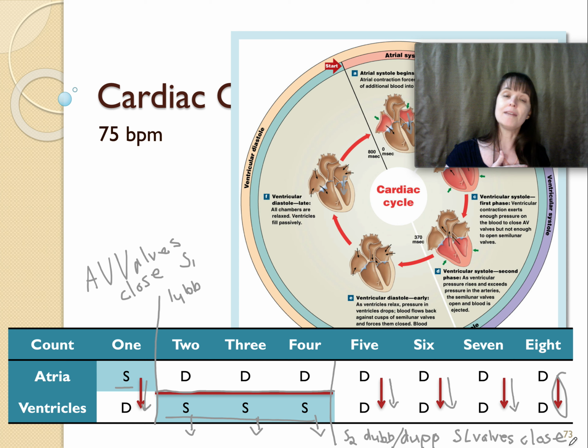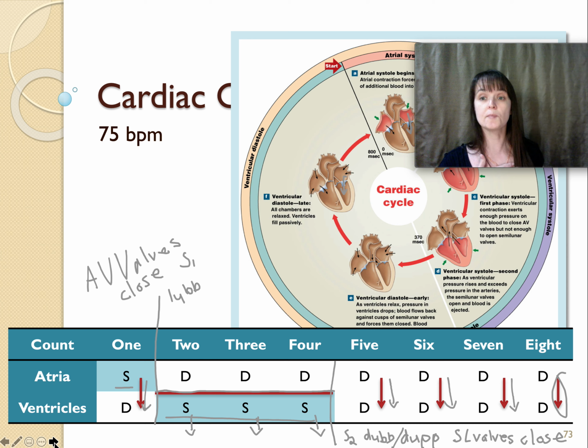What are the 2 AV valves? Just so we're clear. The bicuspid valve and the tricuspid valve. What are the 2 semilunar valves? The aortic valve and the pulmonary valve. We'll come back to that.